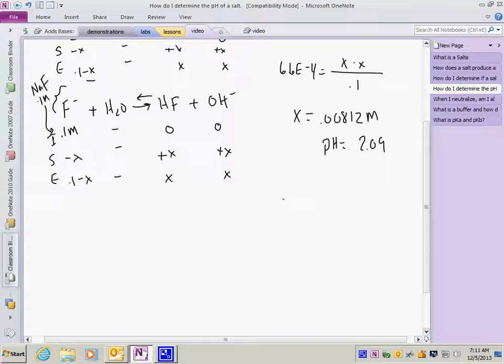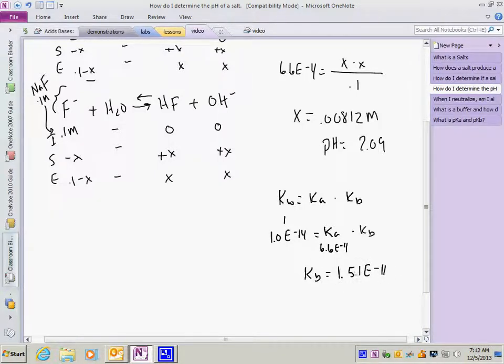And the equation, therefore, to figure out the KB is KW equals KA times KB. Given this, 1.0 e to the negative 14th equals my KA, which is 6.6 e to the negative 4th, times my KB, and I would simply divide this out and solve for my KB. KB ends up being 1.5, 1 e to the negative 11th.